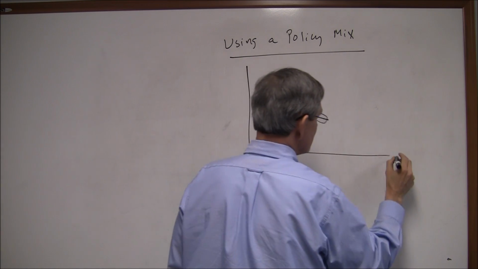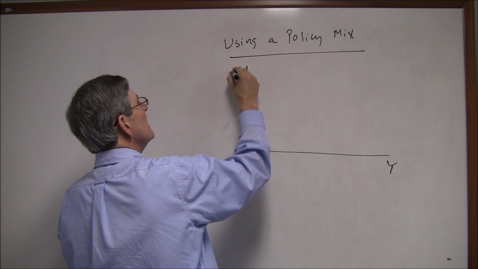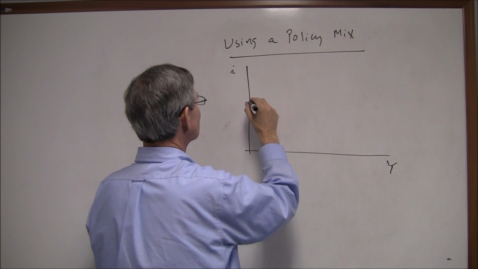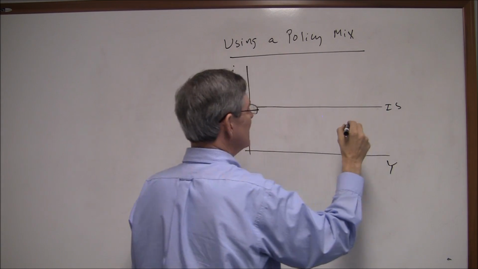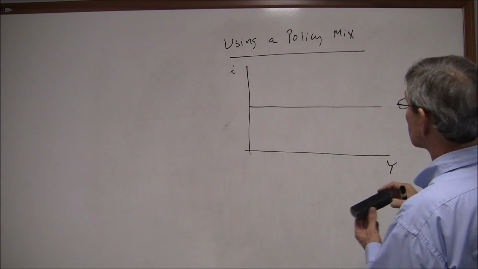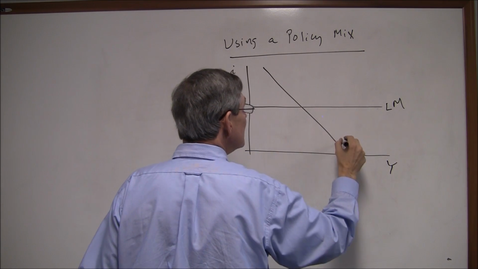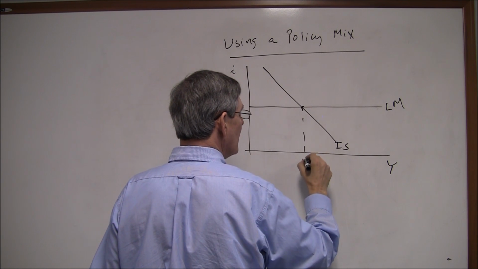Let's suppose, so here's y. This is kind of what we just talked about. IS, LM. So we're sitting at this level of output y0.